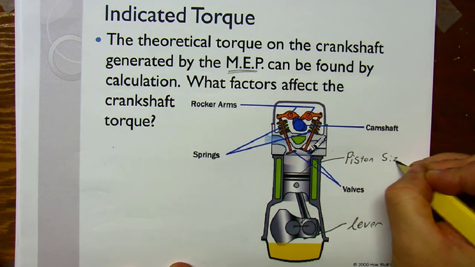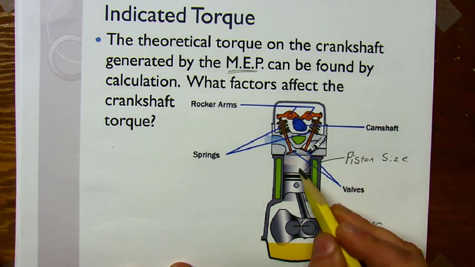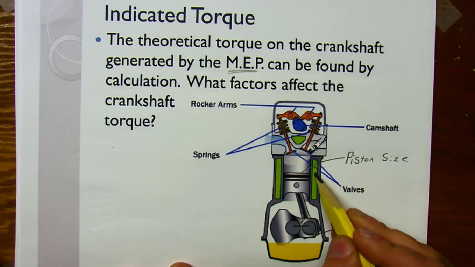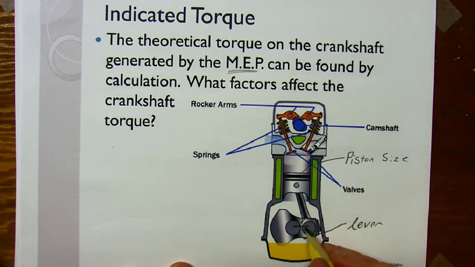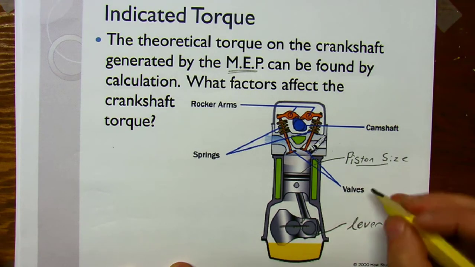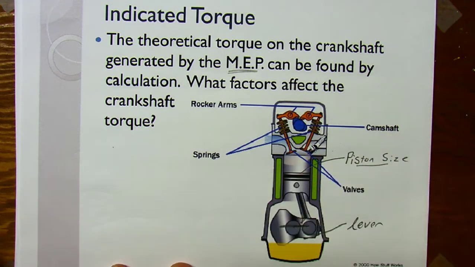The bigger the piston, the more space there is catching that pressure. We saw that in our force pressure area relationship. But if you multiply the length of your lever, that is to say your stroke, technically it's half the stroke, but we're going to kind of ignore that for now. If you multiply that stroke of your crankshaft by the piston size, you get the displacement.